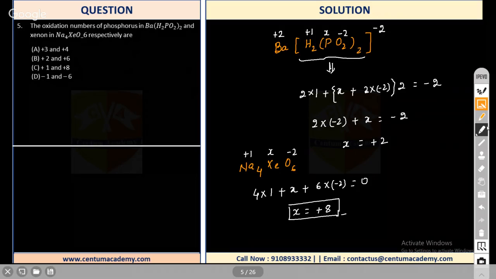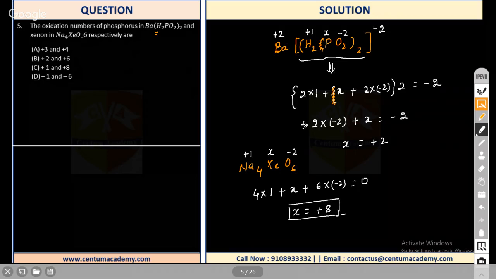Oh, I made a mistake here. You see, this bracket is not here. It is actually present over here. So we'll have the bracket over here and not there. So basically, we'll have 2 plus X -4, right?